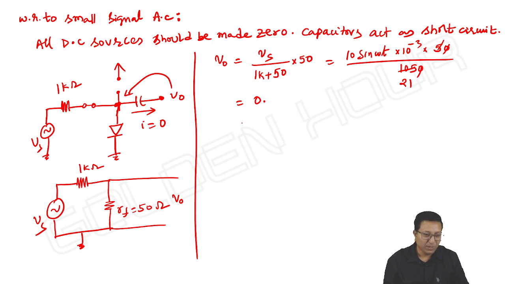So instead of 0.5 we can see less than 0.5 now, 0.476 sin omega t millivolts. That's it. Okay, this is how we can find. Here I can write IAC, V output, and of course it is AC.